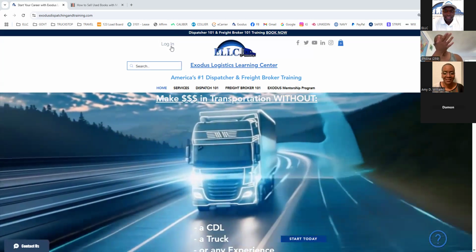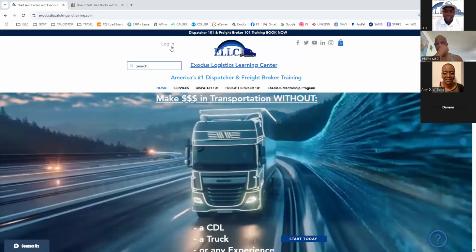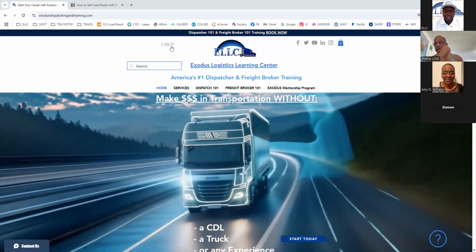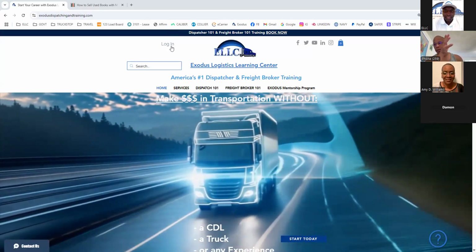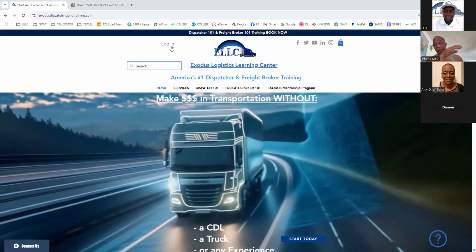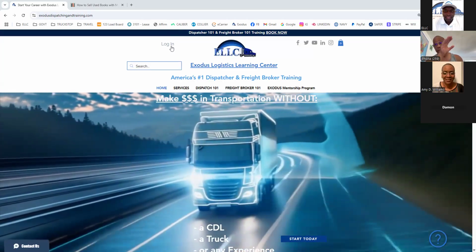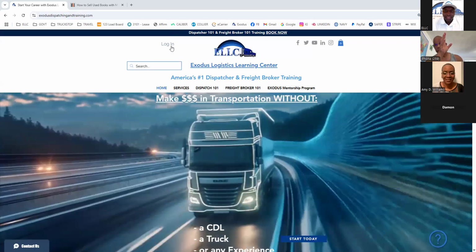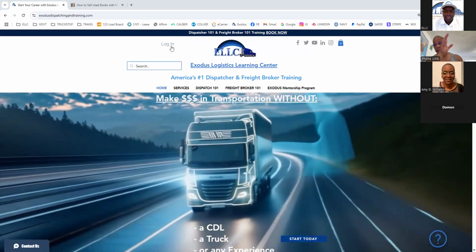The same loads are up there, but for dispatching, the load that would be posted would have already had the broker's percentage already taken off.